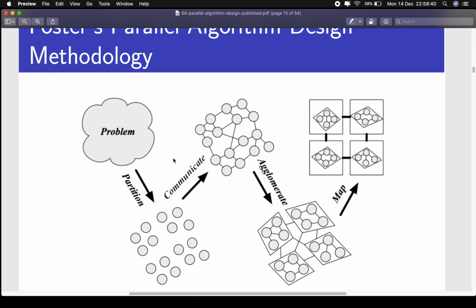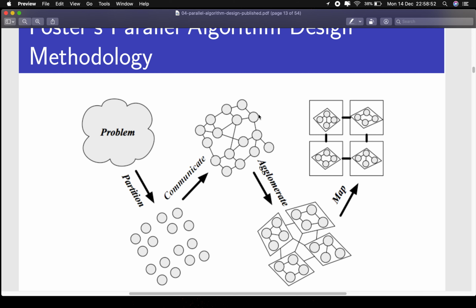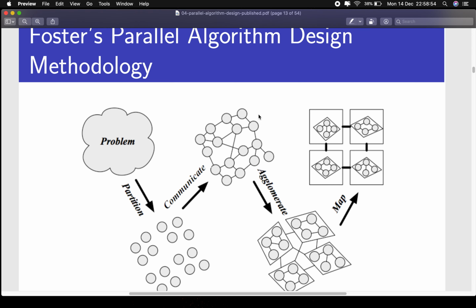That's why you need to do the second method, communication. So you need to link them to each other. And after you already link them, you need to do the third step, agglomeration.